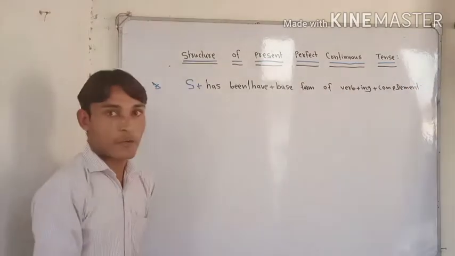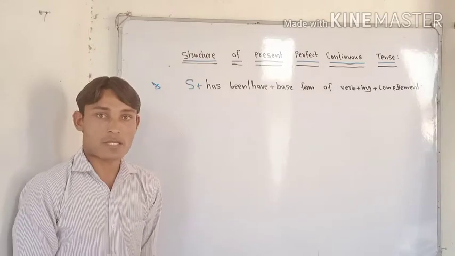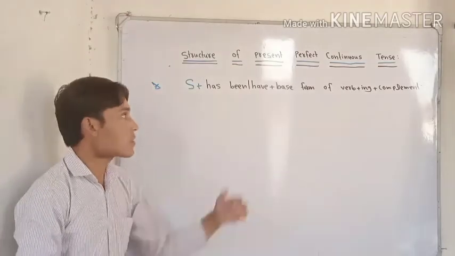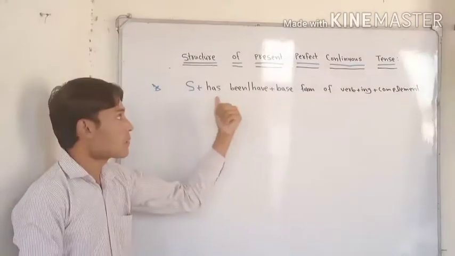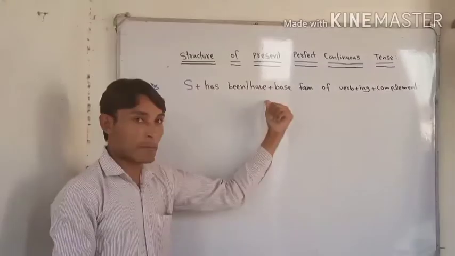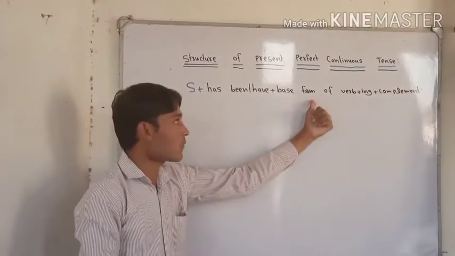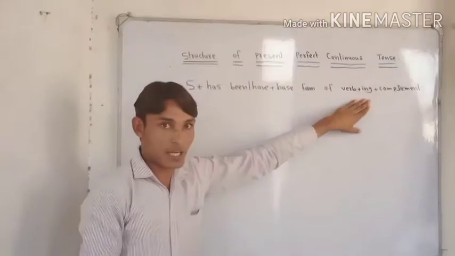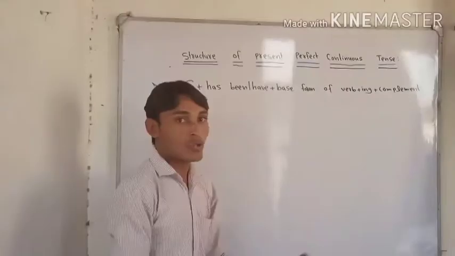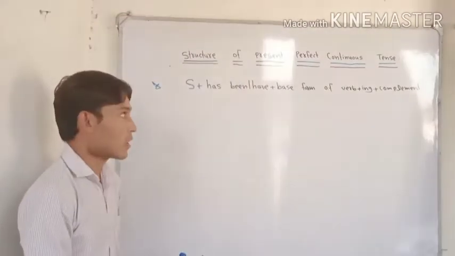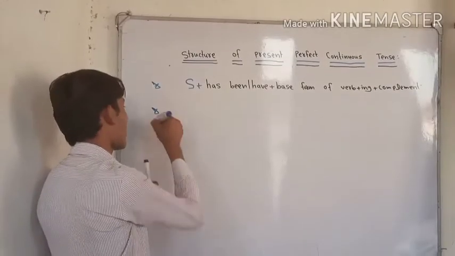Now if you want to make a statement of present perfect continuous tense, first of all we need a subject plus has been or have been plus base form of verb plus ing plus complement. As we know that we have 7 subject pronouns, so let's write them here.